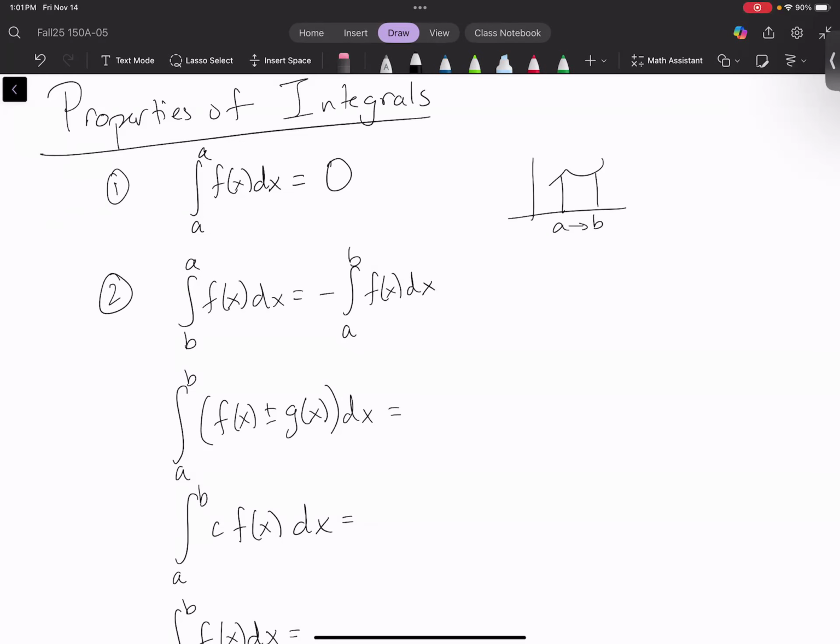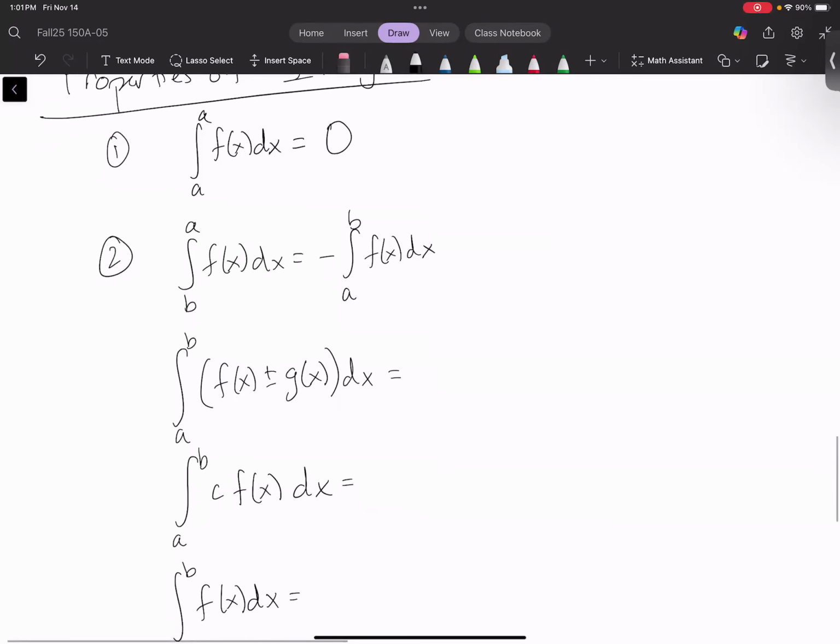If we switch the bounds, we're essentially thinking of it as b going to a, so we switch the order. In reality, it's a little more complicated than that, and there are some theorems we're hiding behind this. What I just want you to think about is, if you switch the order of the bounds, you pick up a negative sign. I already had that answer filled in; I mistakenly wrote it. But that's one of these counterintuitive things that I'm asking you to accept on high from me.